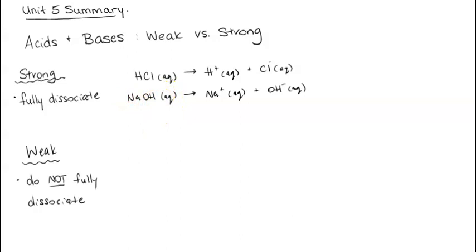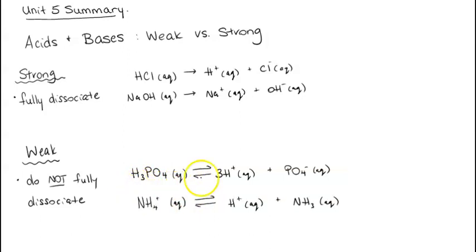On the other hand, weak acids and bases do not fully dissociate in water. When you put a weak acid or base in water, they still dissociate somewhat into their ions, but some of the original reactant still remains. The reaction actually goes two ways. So some will go into their ions, and some will change back into the original acid or base.